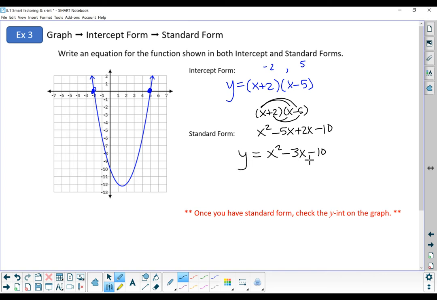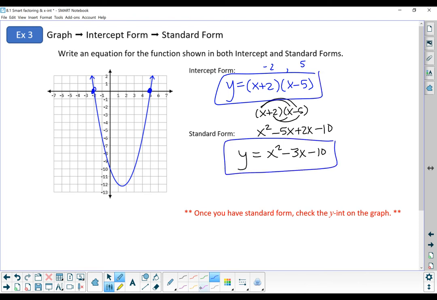That's our function in standard form. So we've got intercept form right here, and we've got standard form right here. Once you have your standard form, a great idea, if you have your graph, is to check your y-intercept. We should see our y-intercept at -10, and it is indeed at -10. So that gives us a little bit of confirmation that we've done our work correctly.